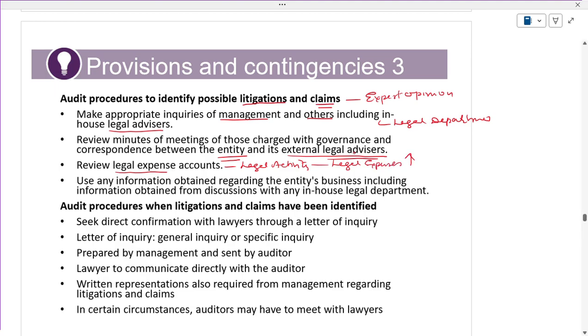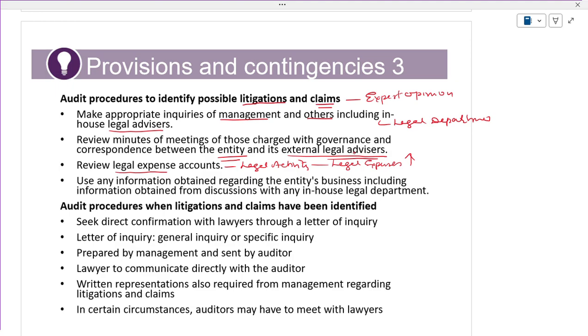If there is some issue because of the legal expenses, then you go back and ask what those legal issues are. You have to understand why it has increased and what the reasons are. More than that, nothing.